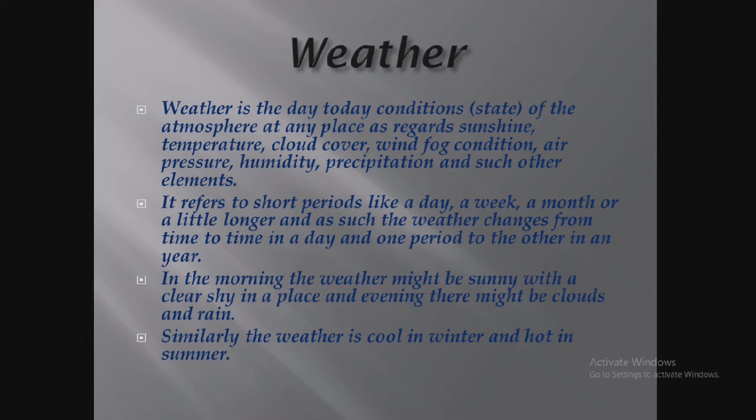So the weather is changing day to day in our atmosphere. How is it changing and what are the elements? Sunshine, temperature, cloud cover, wind, fog condition, air pressure, humidity, precipitation, and other elements. It refers to a short period like a day, a week, a month, or a little longer, and as such the weather changes from time to time in a day and from one period to another in a year.